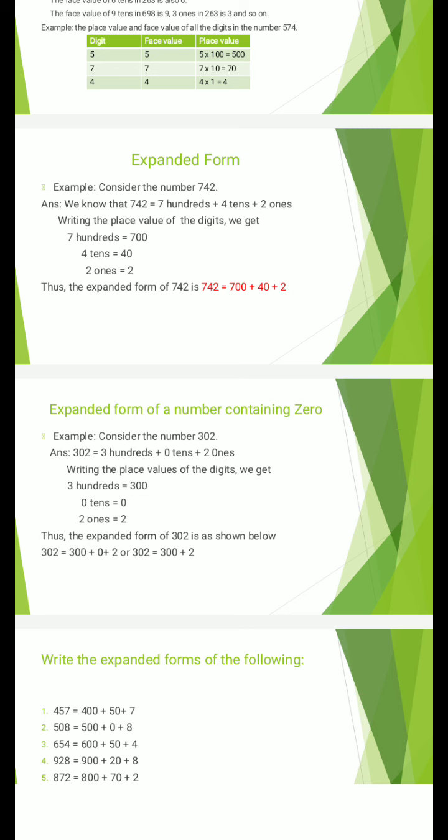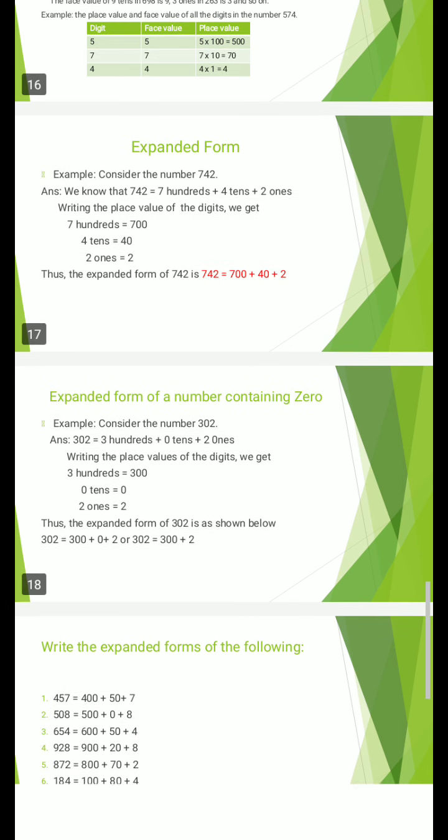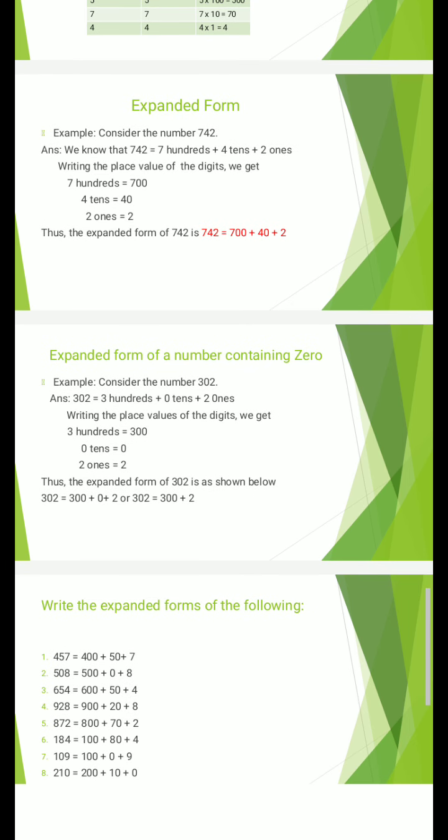Now, expanded form of a number containing 0. Now we are going to discuss how we write the expanded form of a number if the given number includes 0. For example, consider the number 302.